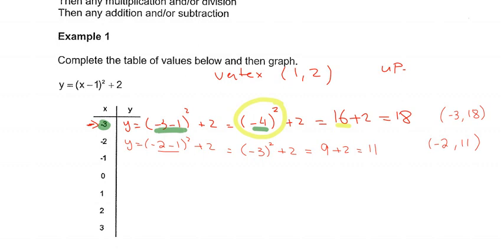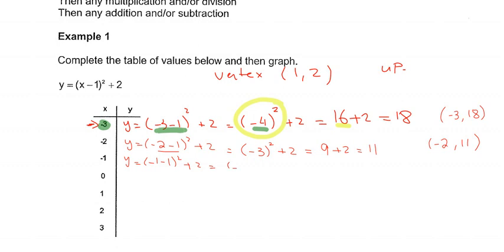Now I have to do the same thing with negative 1. So y equals negative 1 minus 1 squared plus 2. Let's do that in one step. Or do you want me to do it step by step? Inside the bracket, what do I do first? Inside the bracket, negative 1 minus 1, that's negative 2.